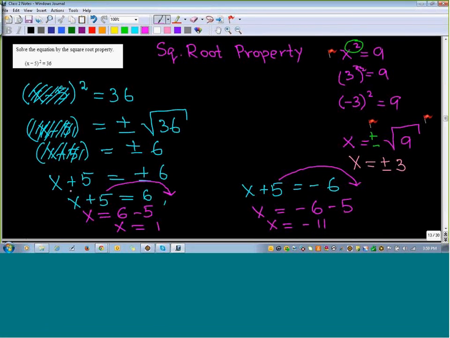We figure them out at the end. So I hope you don't mind. It's just easier to solve it on the board.